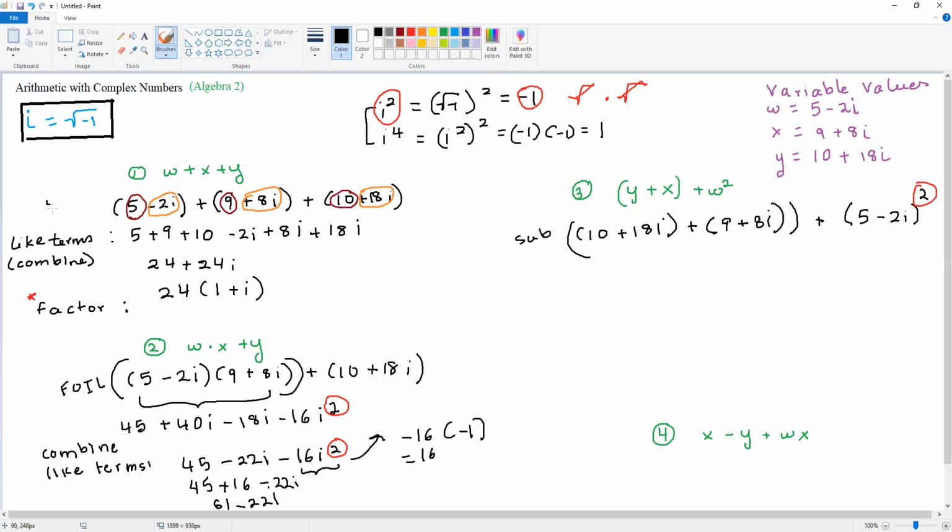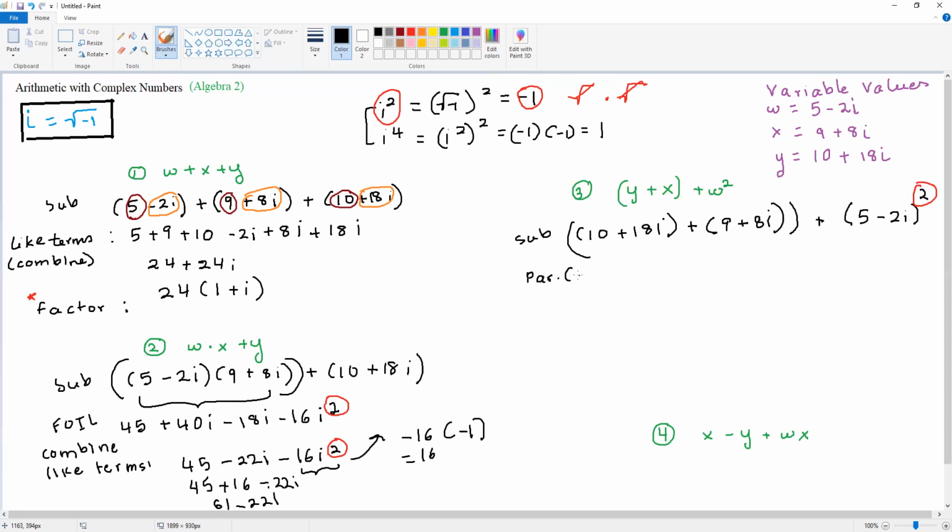I'm going to move this down and fill this up. Okay. And then the next step is to combine like terms in the parentheses.